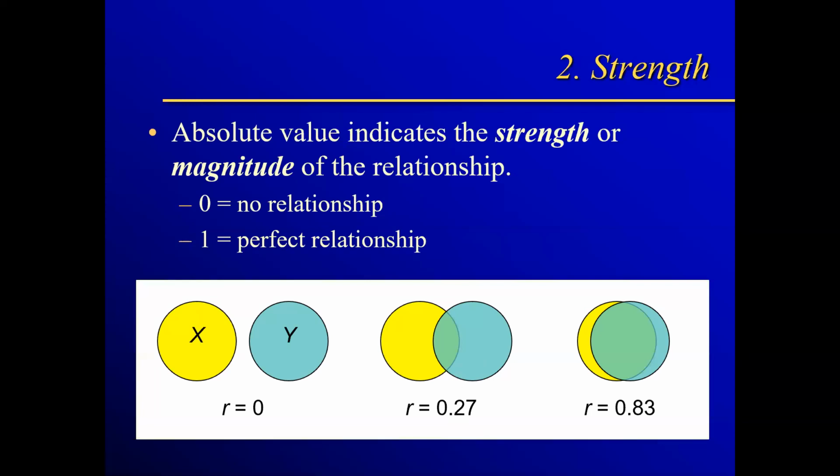They overlap a little bit, right? A higher number, getting closer to 1, there's a lot more overlap, and these two variables are a lot more related. So that's one way to think about it. 0, they're not related at all. The closer the number gets to 1, the more related they are. That's the basic logic of it.